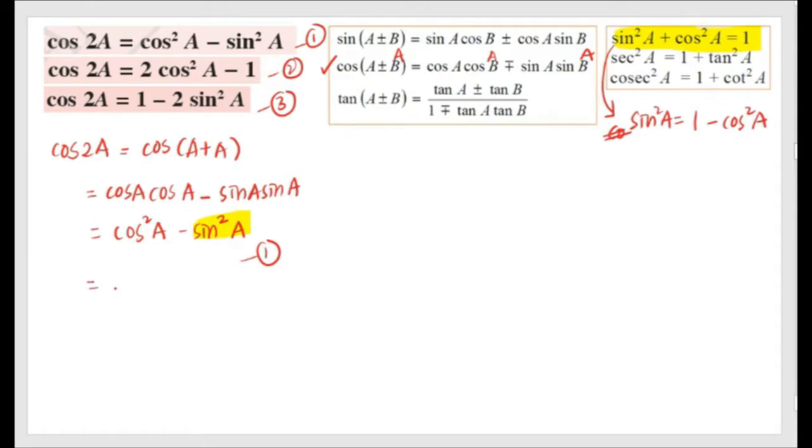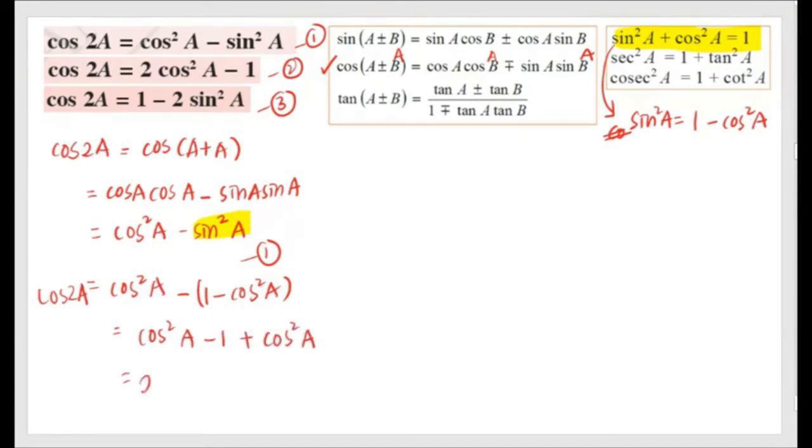Continuing, cos 2A equals cos square A minus sine square A, which is cos square A minus (1 minus cos square A). So now you get cos square A minus 1 plus cos square A. So we get 2 cos square A minus 1. So we get the second formula, 2 cos square A minus 1.